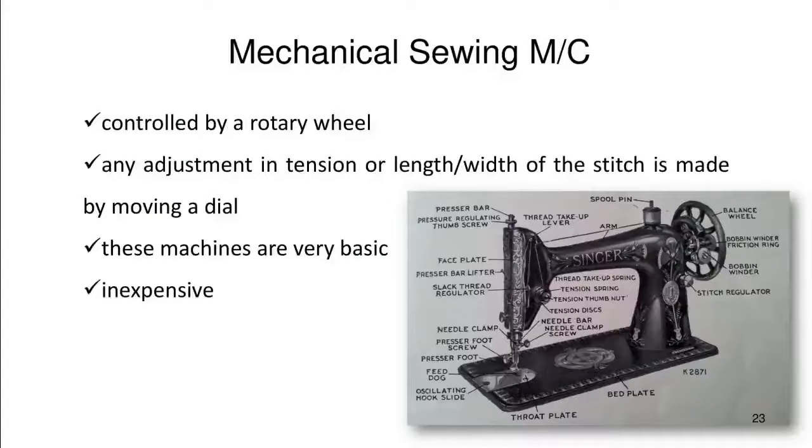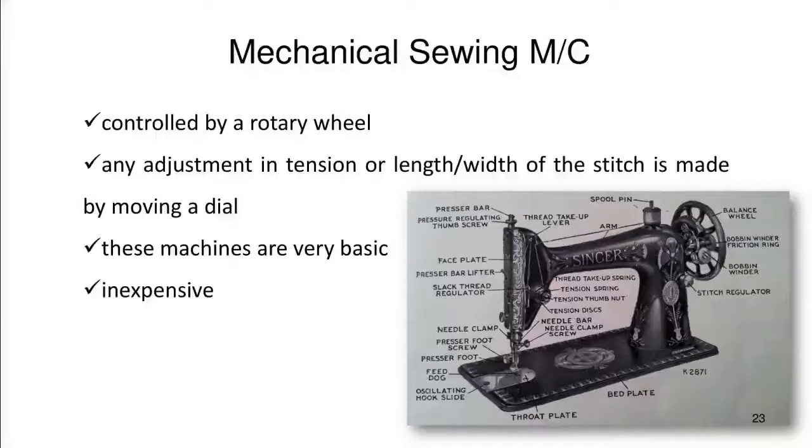The mechanical sewing machine is the same photograph again for you, the old one, the original one that was made. It is controlled by a rotary wheel, which in the photograph is on the extreme right top. Any adjustment in tension or length, width of the stitch is made by moving a dial, those knobs that we had discussed. These machines are very basic and inexpensive.